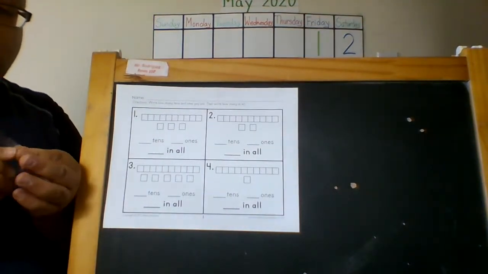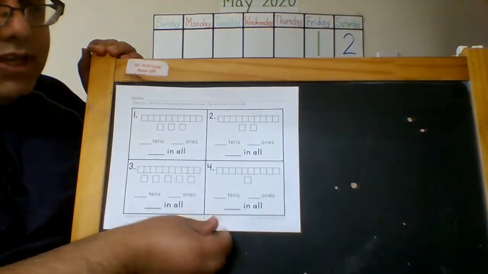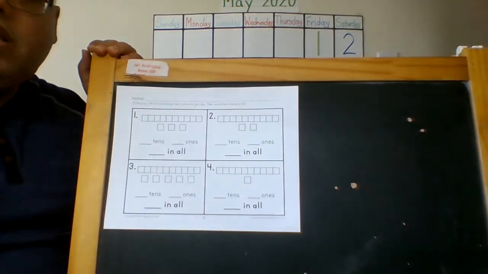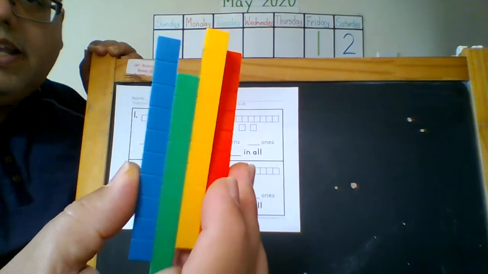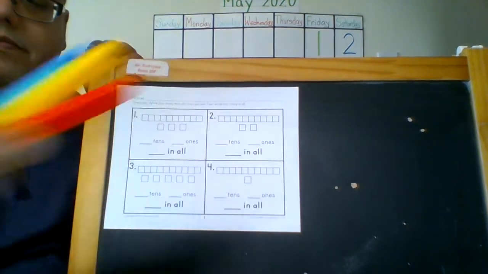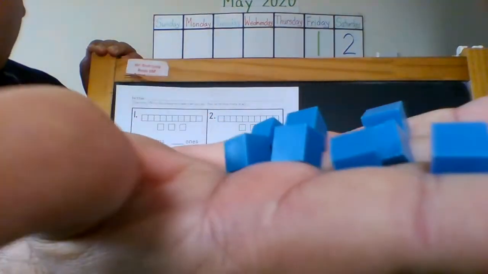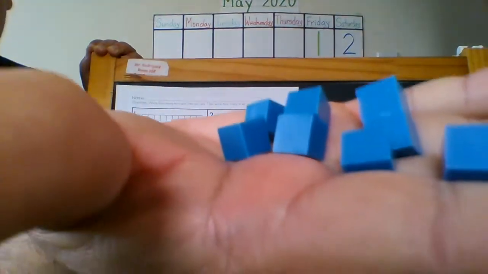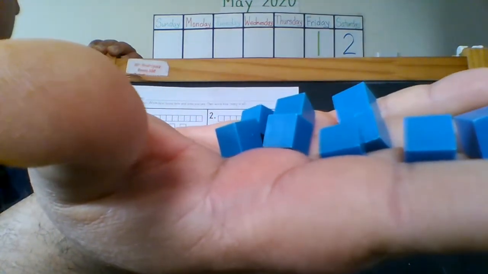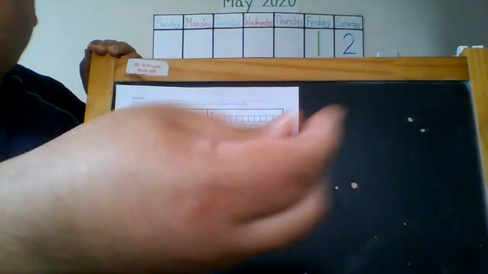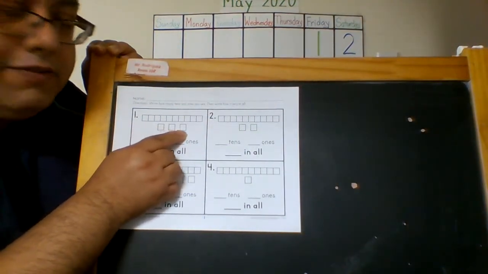And longs in the base 10 blocks represent the tens place because it has 10 in each one that's glued together. But these, you see these? These are called cubes. In base 10 blocks, it's also called the ones. And those are the ones that are separated.